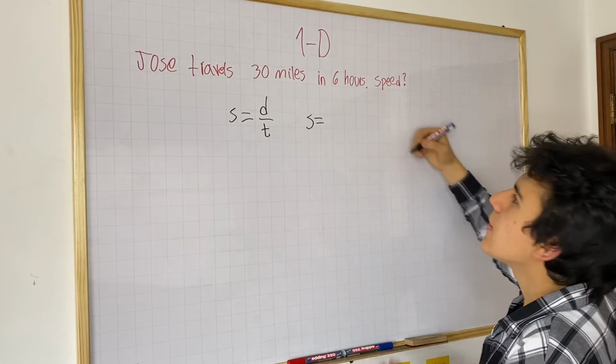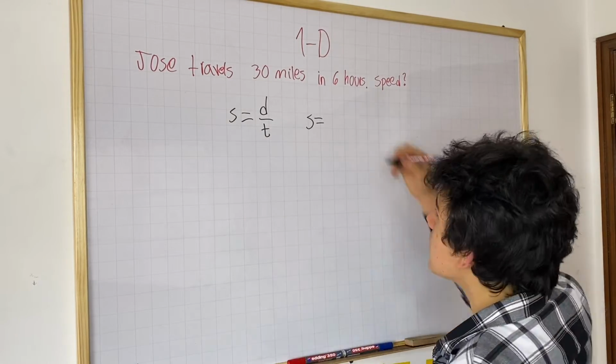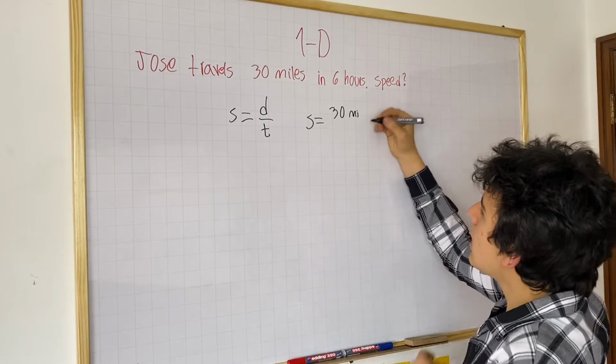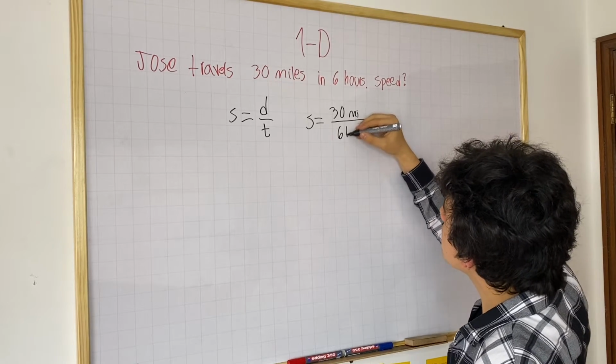We need to find s. We have a distance, which is 30 miles, how much he's moving, and all of this is divided by 6 hours.